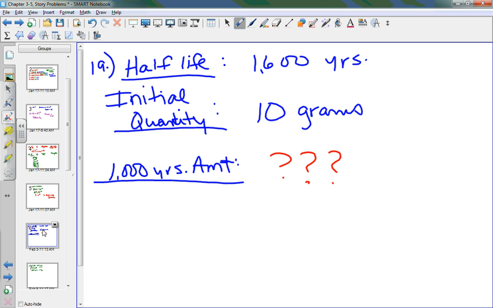So with that said, number 19. The half-life is 1,600 years, the initial quantity was 10 grams, and the amount after 1,000 years is what we need to find. Now, folks, think about that a little bit. I have 10 grams. Half-life means how many grams should I have? 5 grams. And how many years did it take me to get to 5 grams?